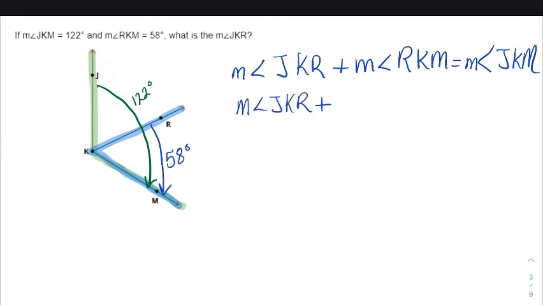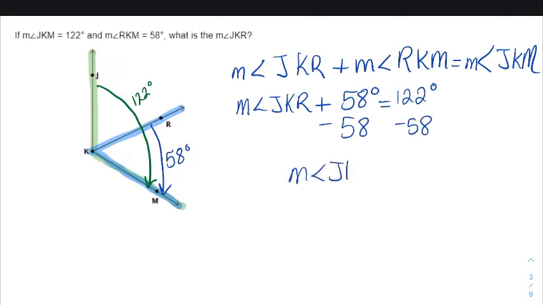We have the measurement of RKM as 58 degrees, and the measurement of JKM is 122. So we just solve. We subtract 58, and we find that the measure of angle JKR is now equal to 64 degrees. All right, hope that was fairly simple for you.